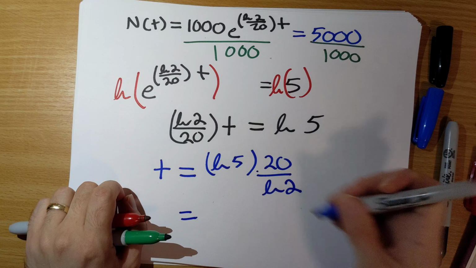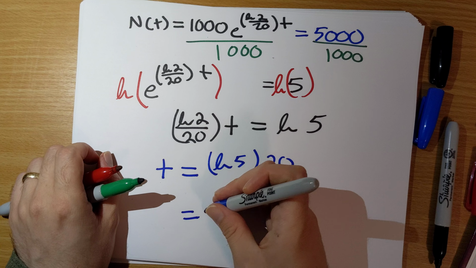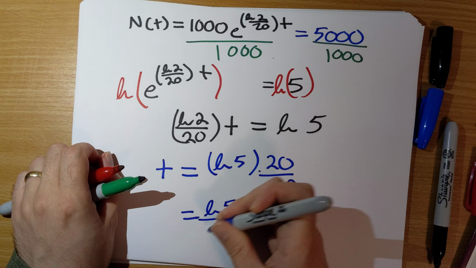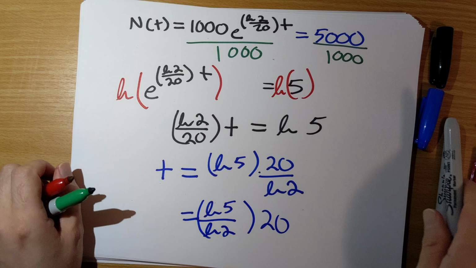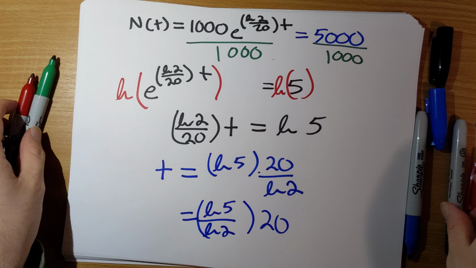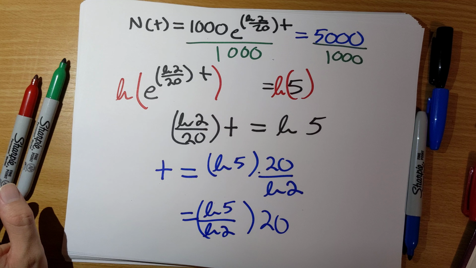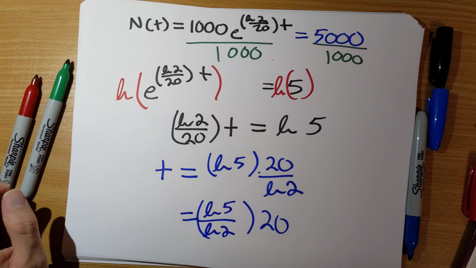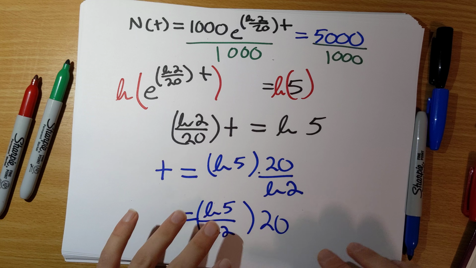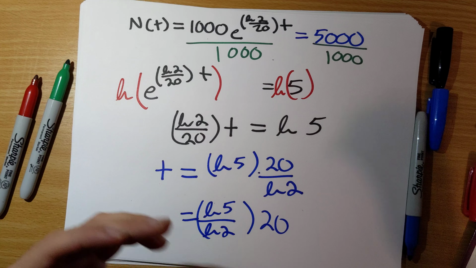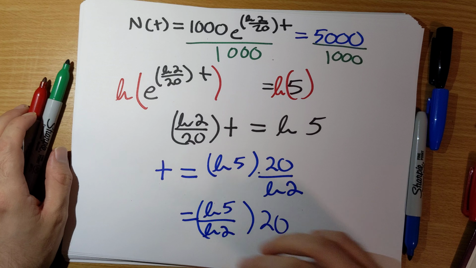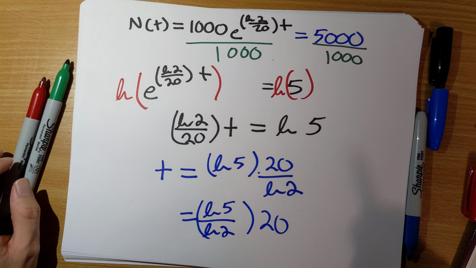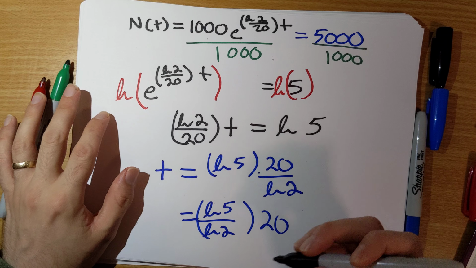Which maybe looks a little bit nicer. I'm just going to make a cosmetic change here: log of 5 over log of 2, all of that times 20. So this is our final answer, and let's just leave it unsimplified, including the logs. If you want to estimate roughly how big it is, you can plug it into a calculator, but for quiz and test purposes, you want to leave it like this.